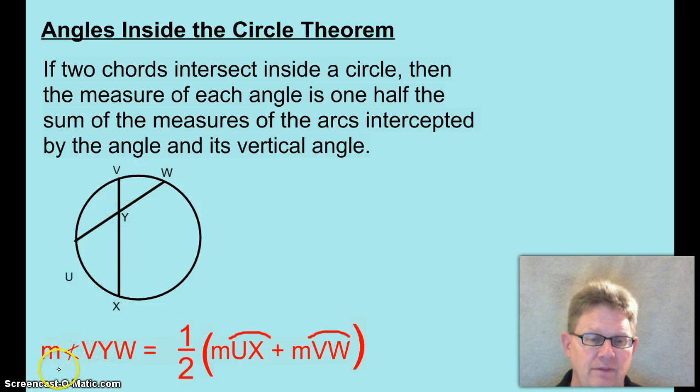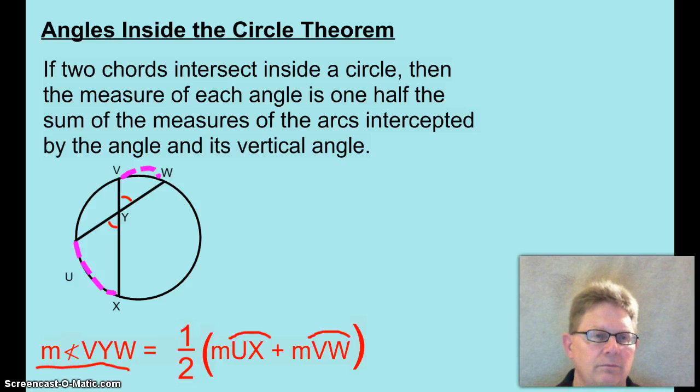So if you want to find the measure of angle VYW, this angle right here, you have to look at its vertical angle, that one, and you need to look at the intercepted arcs of both of those angles. That would be arc VW and arc UX. So the measure of that angle is half the sum of the measure of arc UX and the measure of arc VW. That's the angles inside a circle theorem.